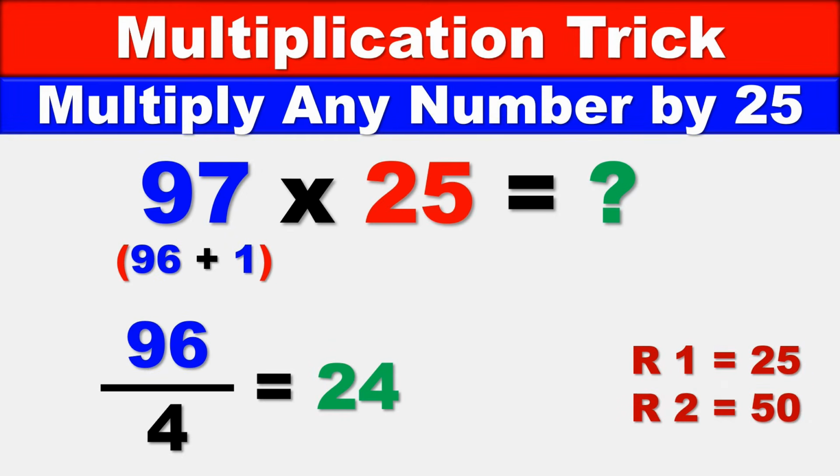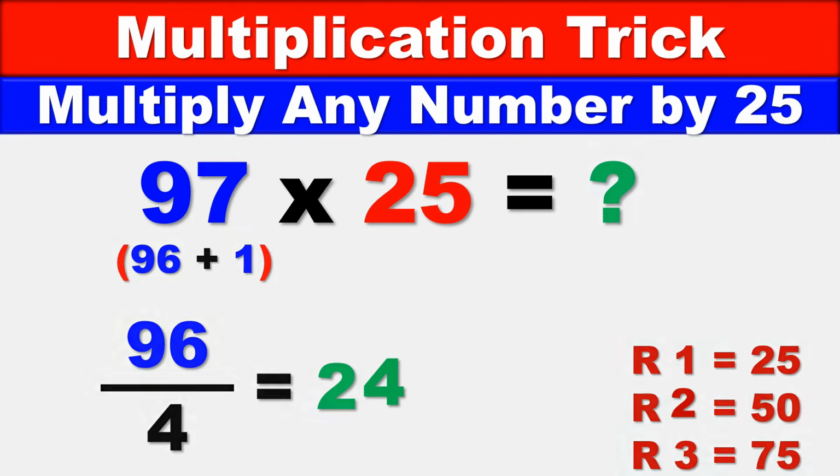If the remainder is 2, you have to put 50 at the end, and if it is 3, you have to put 75 at the end. You can think of it as 1/4, 2/4, which is just 1/2, and 3/4, which is 0.25, 0.50, and 0.75, hence 25, 50, and 75.